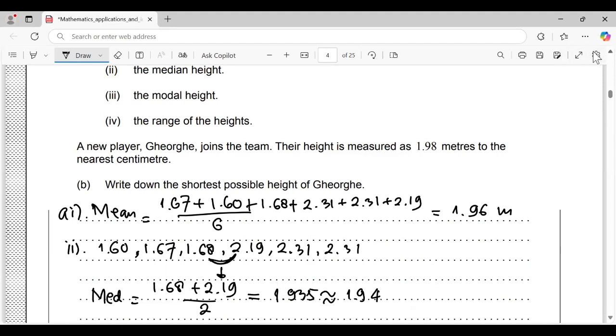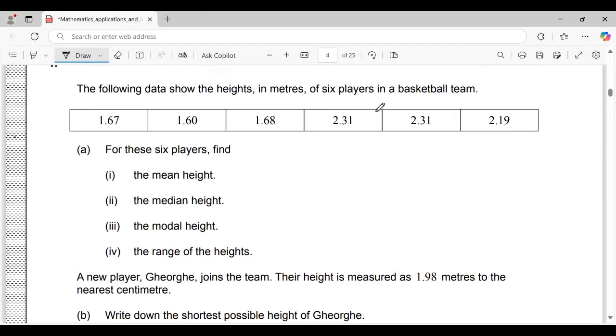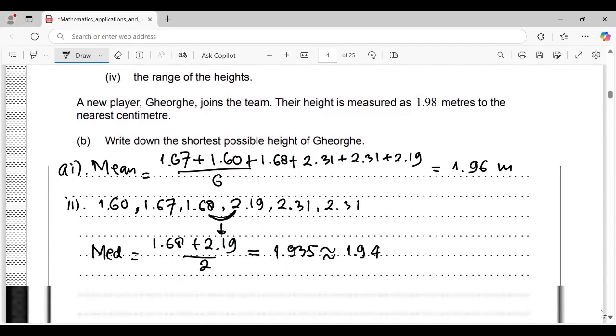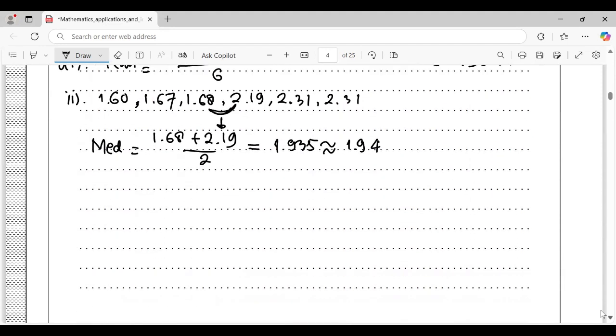Model height. The model is this one, 2.31. There are 2 data of 2.31. So model equals 2.31. Part 4.